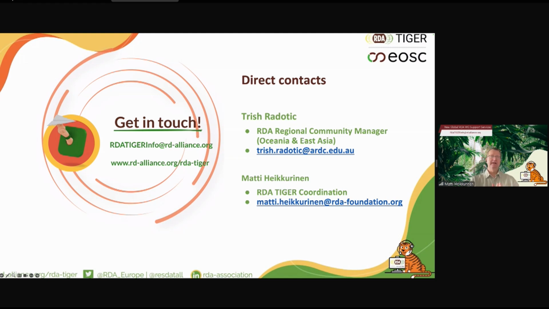Now the interaction between the RDA and IOSC, at the moment it's more from the IOSC side providing input through GORC. There is an IOSC interoperability framework that is starting to be a little bit aged, I think published in 2021.